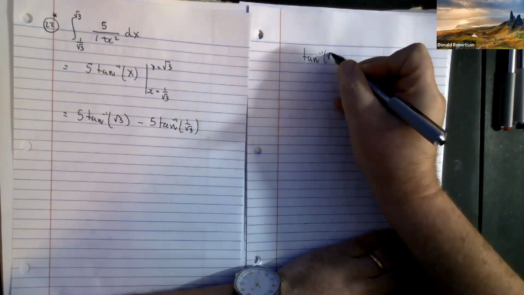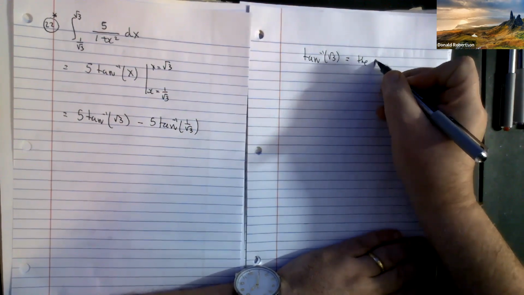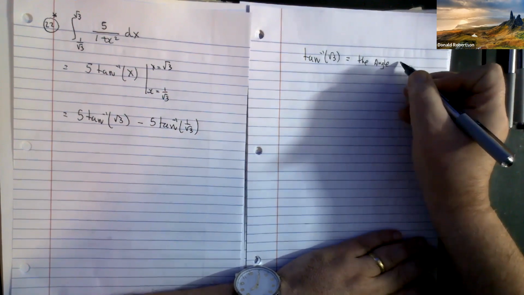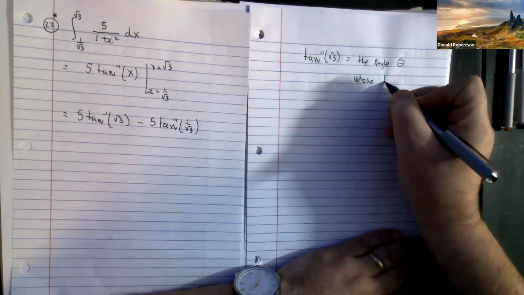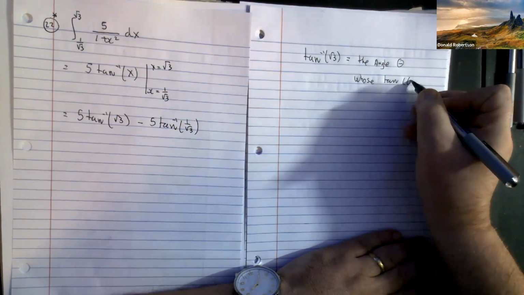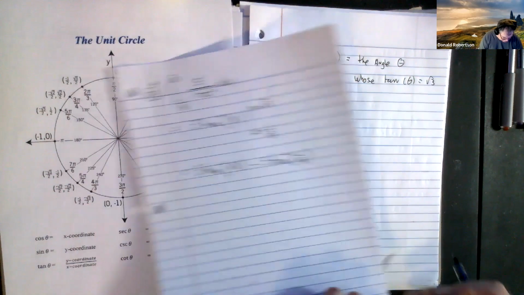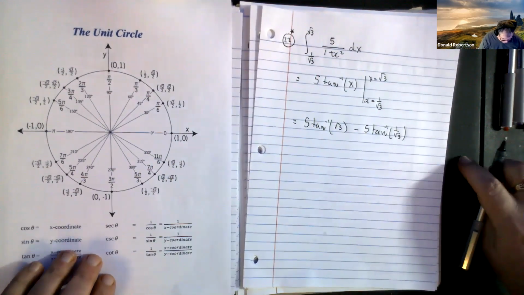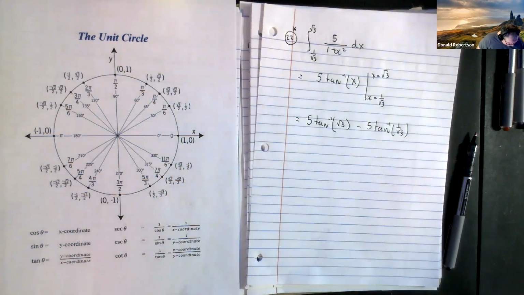The inverse tan of root 3 is in fact the angle, let's call it theta, whose tangent is the square root of 3. So we are going to use this unit circle, and we are going to go hunting for an angle, a theta, whose tangent is root 3.